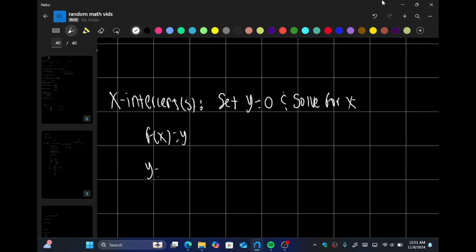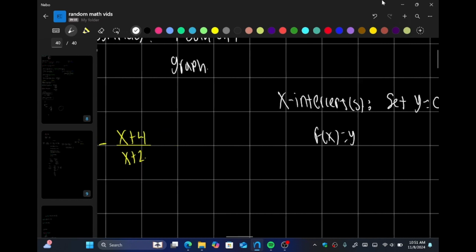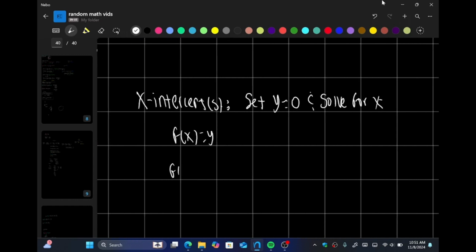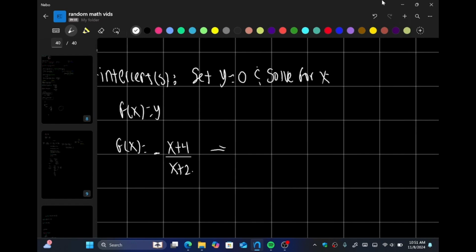So if I say f of x equals negative x plus 4 over x plus 2, this is really going to be y equals negative x plus 4 over x plus 2. Let me put it right next to the fraction, because it's right next to the fraction, guys.